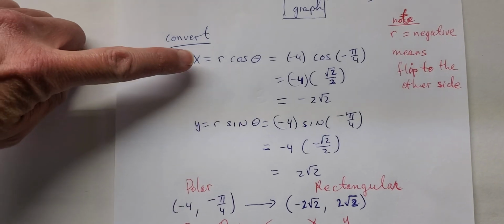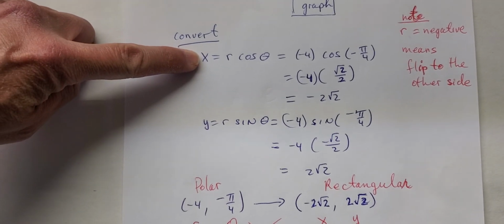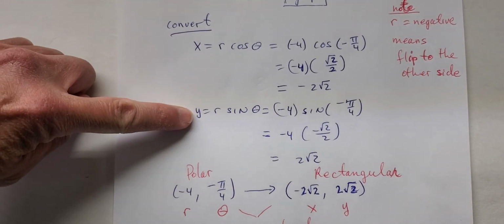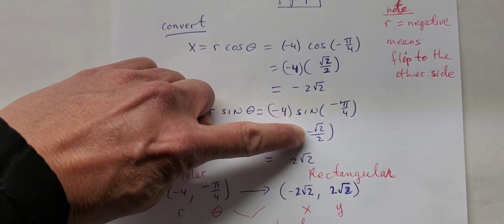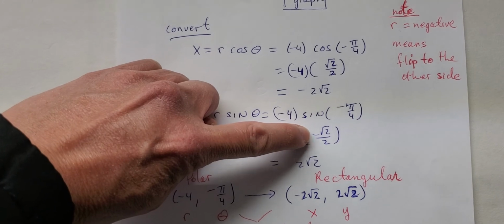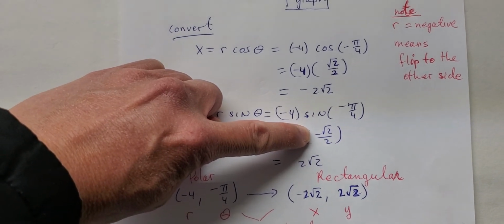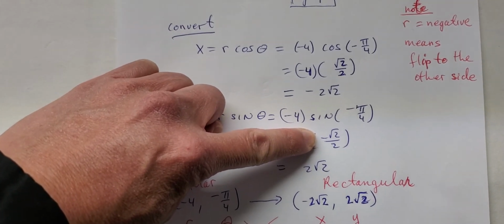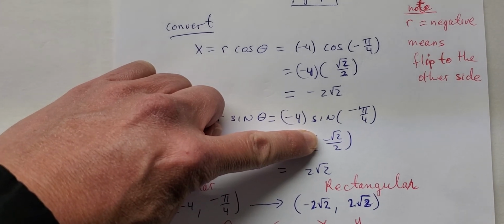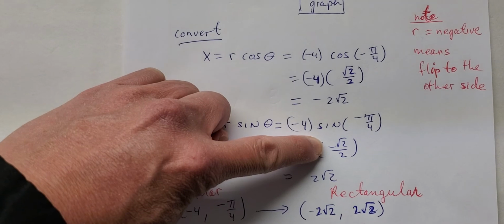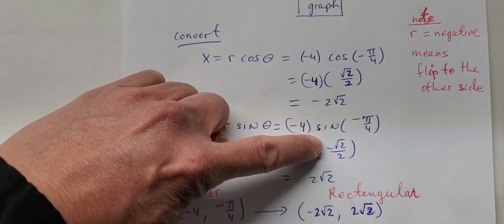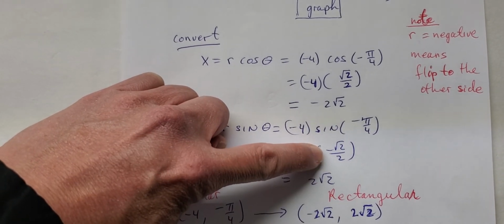And again, this formula right here is to get x. This formula is to get y. Where did the negative square root 2 come from? Use the trig table. It is in chapter 7, the beginning of chapter 7. If you don't have it, go online, search for it, and it will come out to this value.